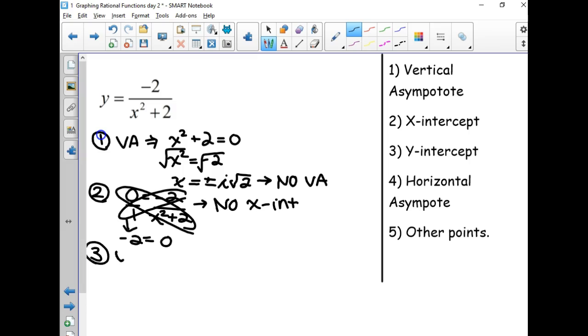When you plug in y is equal to negative 2 over 0 squared plus 2, you get y is equal to negative 1. Now, do I want you to write it as y is equal to negative 1? Yeah, it's a point. It is not a line. So you can either write it as 0, negative 1, or that your y-intercept is negative 1.